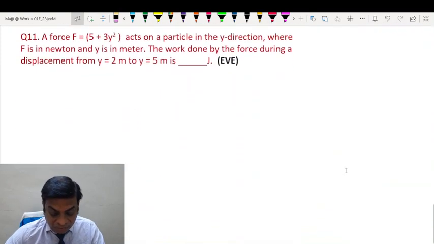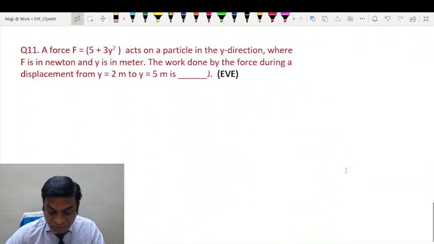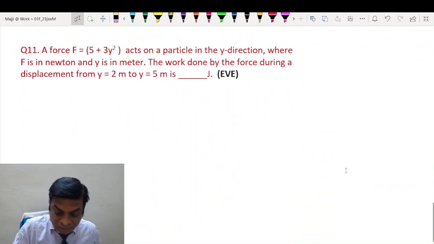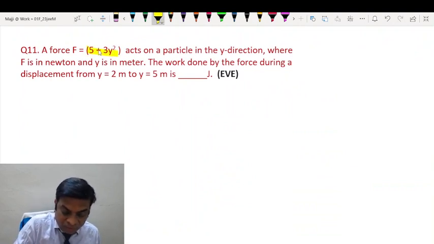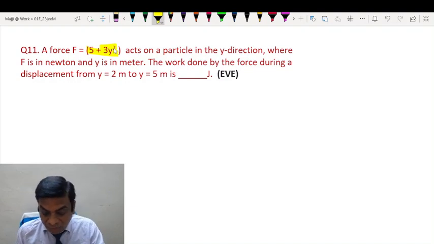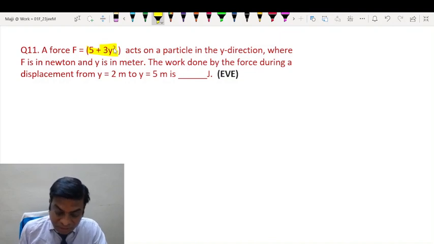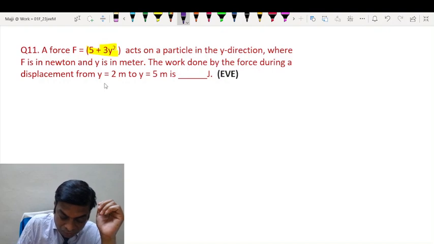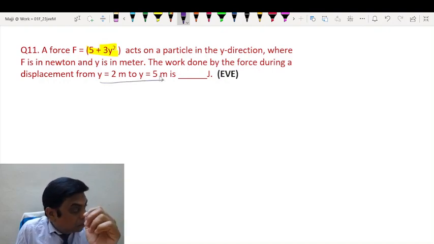Then moving to the next question. A force F equal to this much acts on a particle in the y direction. You can see the force is a variable force. It depends on y, where F is in Newton and y is in meter. The work done by the force during displacement is, so the displacement is along the direction of y.